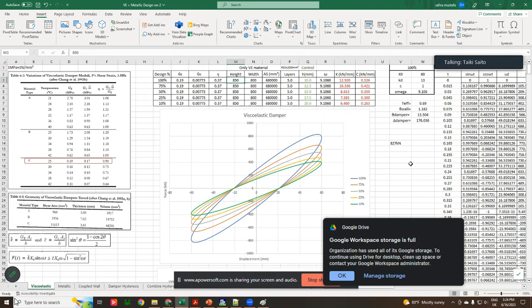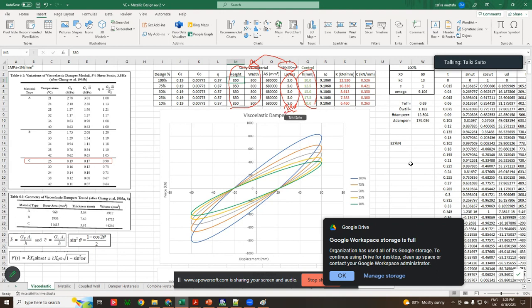You cannot change it, so the only thing you can change is the layer. Yes, how many layers you put. Right? So the area is 450 and 300. It's fixed, and H is also fixed. You can change the layer.